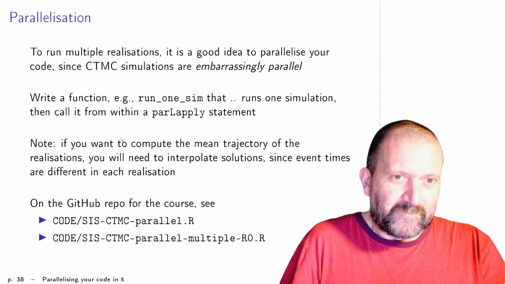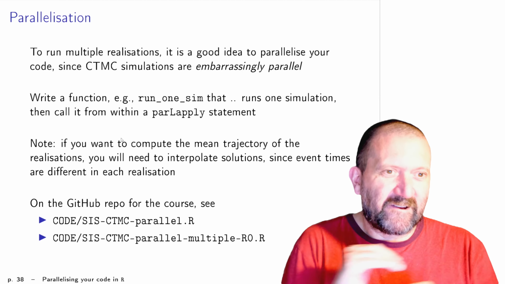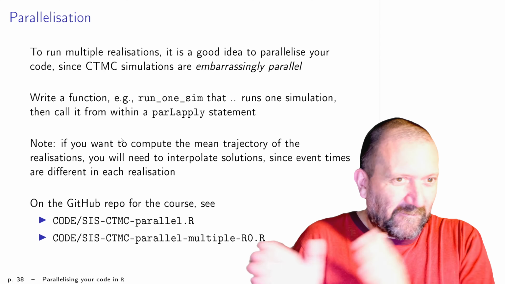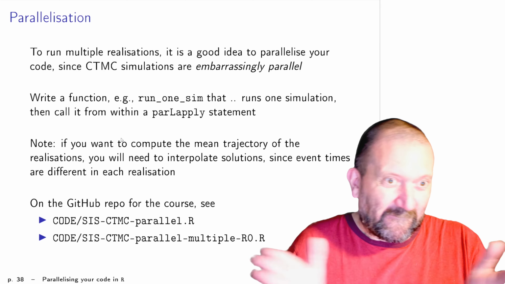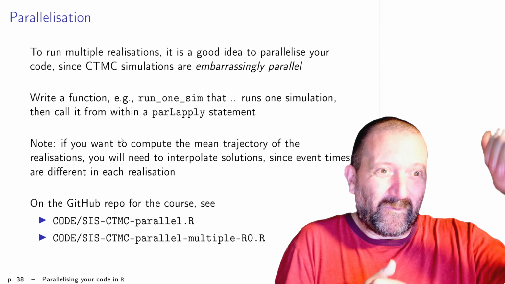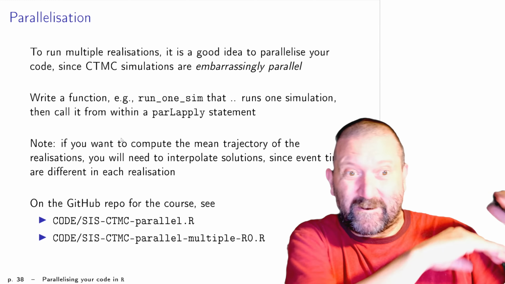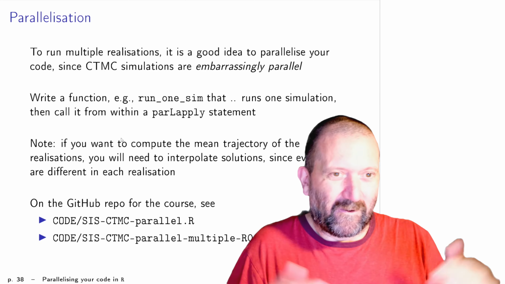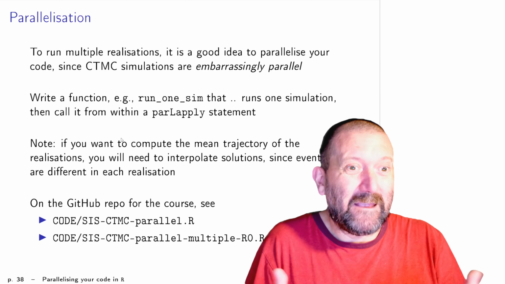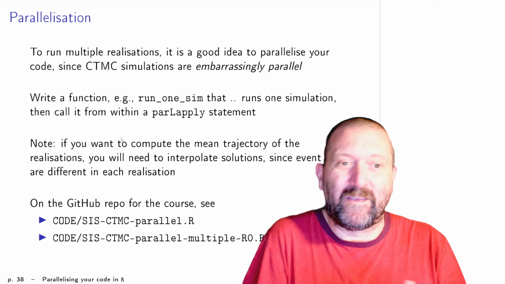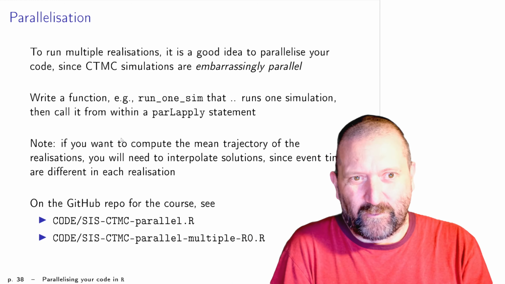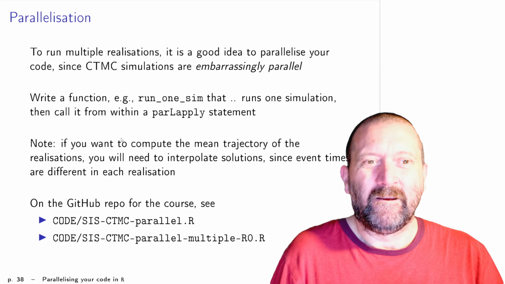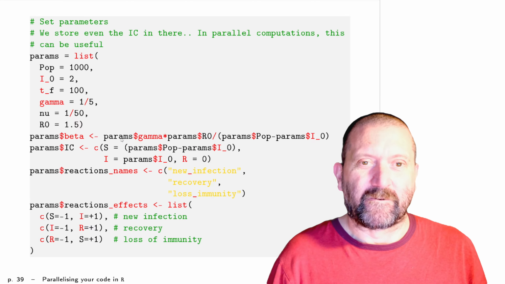So two simulations of the same Markov chain are going to have a set of events happening at different times. If you want to compute a time average of your solution over time, you'll need some way to compare those times. And the easiest way to do that is to interpolate your solutions to a very fine grid, and I'll show you that in a second.